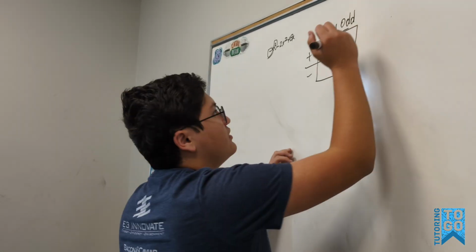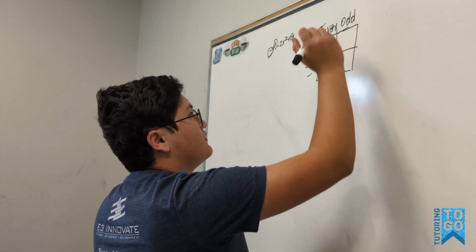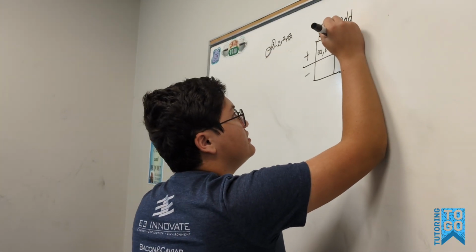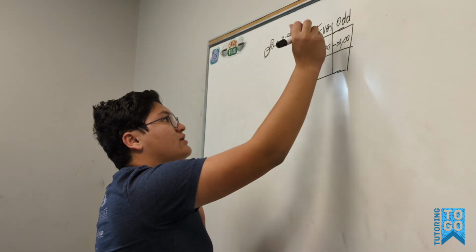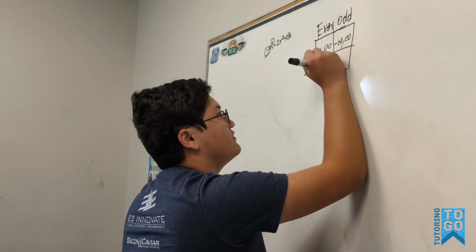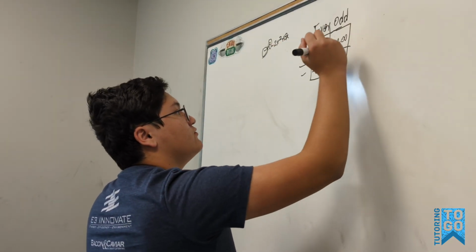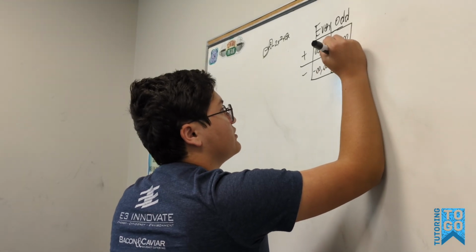If it's odd and positive, you will have negative infinity in the y-axis from the left and positive infinity from the right. Even negative is negative infinity from both the left and the right. And odd negative will have positive infinity from the left, and negative infinity from the right.